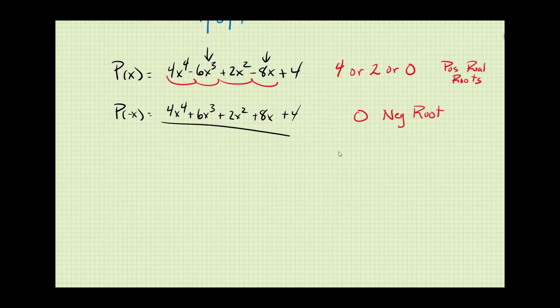So now we build our table: plus, minus, and I. Okay? So we do our combinations. We do the 4 with the 0. So 4, 0. Now our degree is 4, so our rows have to add up to 4. So we put a 0 in the I column. There are no more combinations with the 4, so we do the 2 with the 0. So 2, 0, and again, our row has to add up to 4.